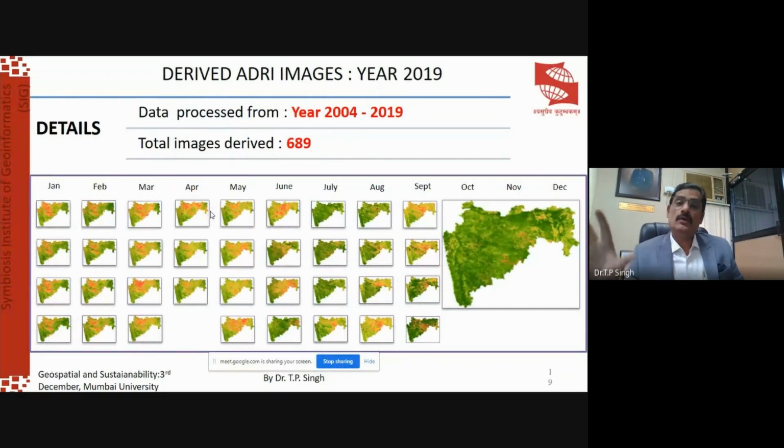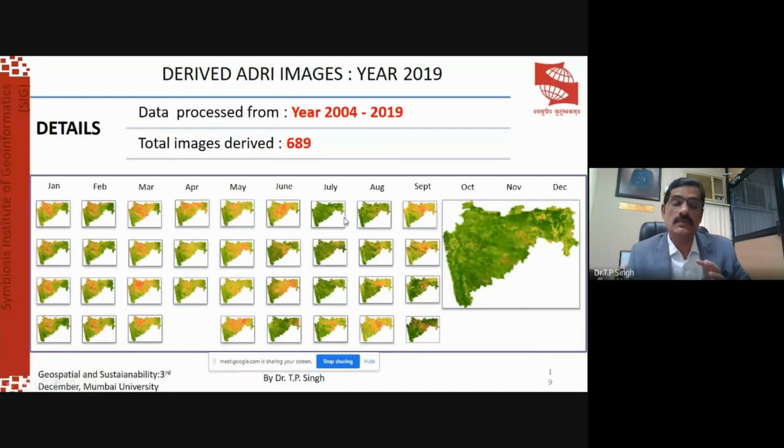Not only that, every week we can get this information. We have used 689 images to derive this product for each and every week of January, February, March, April, and so on, showing what the drought condition is. So if you look at January, what the condition was, we can also measure February, then March, April, May, June, and July.